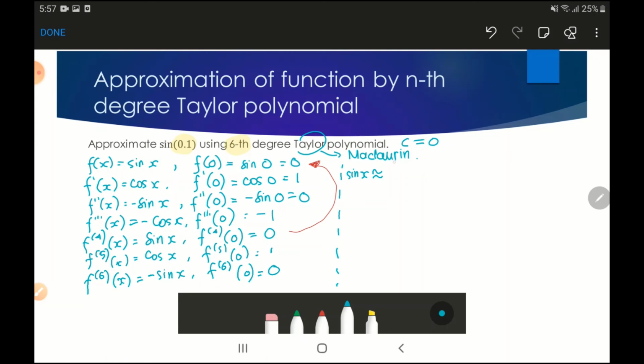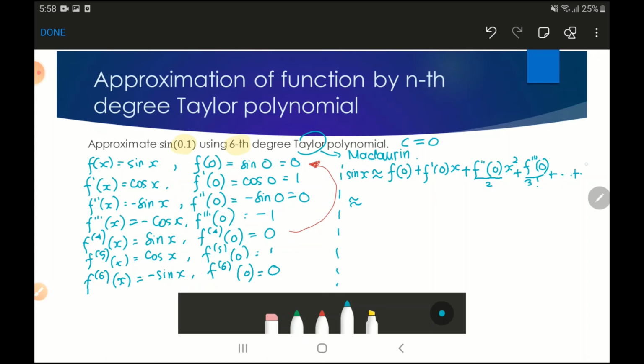So we have the first one, sin 0, is f(0), plus f prime 0 times x, plus f double prime 0 x squared over 2, plus f triple prime, can I say it? I don't know. Okay, and so on. So we have the value over here, f(0) and so on until 6.